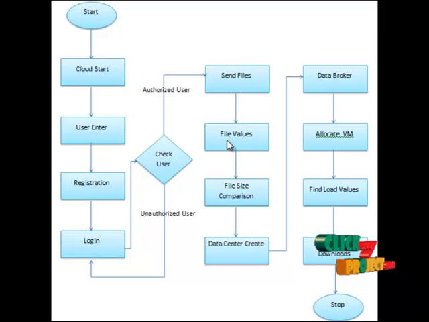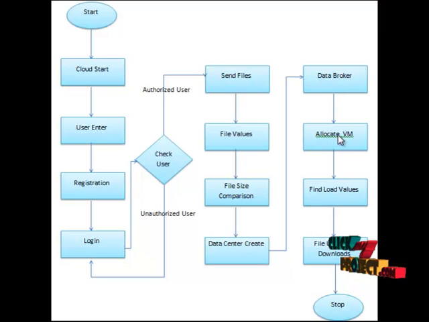Now find the values. The values are based on the file size, then the file size comparison process, and then create a data center. This data center is involved in the cloud-side environment. The data center is created, and then the data broker is created. The data broker is used to allocate the virtual machines.